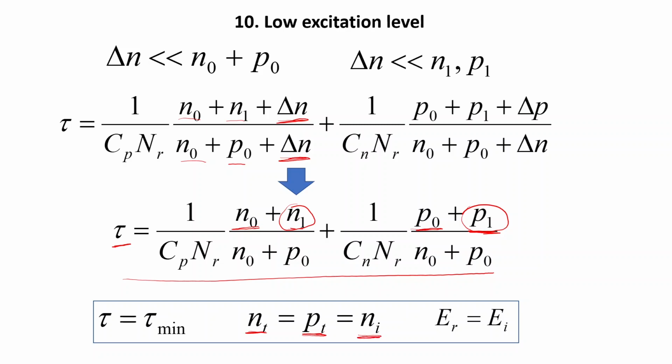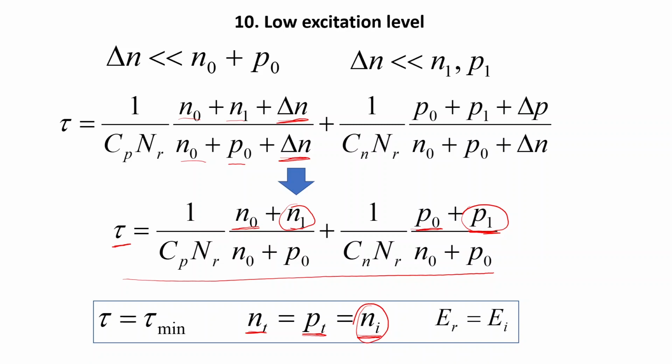And when we get intrinsic charge carrier concentration in a semiconductor, in terms of position of Fermi energy, for an intrinsic semiconductor, which is not doped, where should Fermi energy be located?